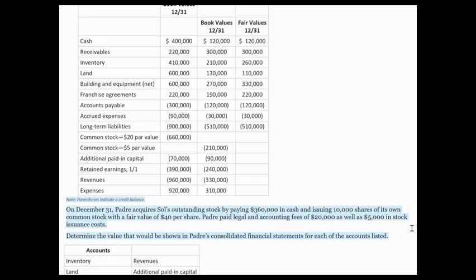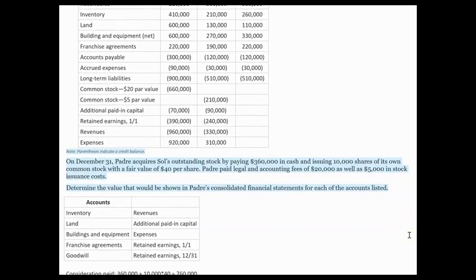Pedro paid legal and accounting fees of $20,000 as well as $5,000 in stock issuance cost. Determine the value that would be shown in Pedro's consolidated financial statement for each of the accounts listed.